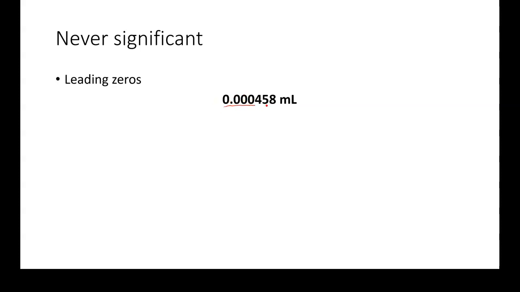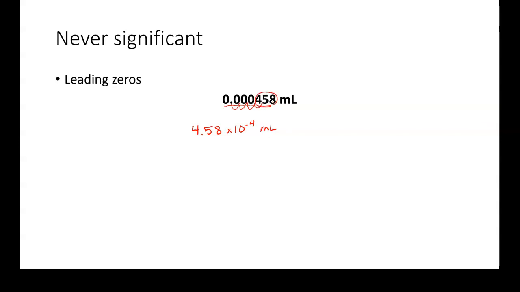I could move my decimal place and write this as 4.58 times 10 to the negative 4th milliliters. There's only 3 significant digits in this number.